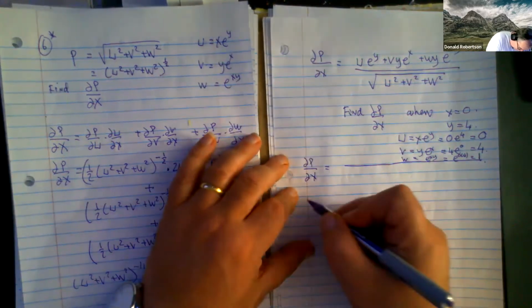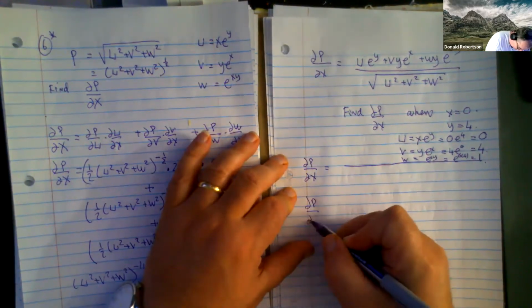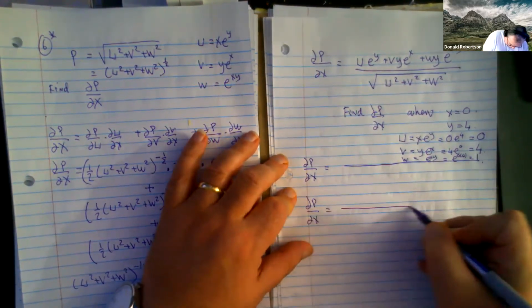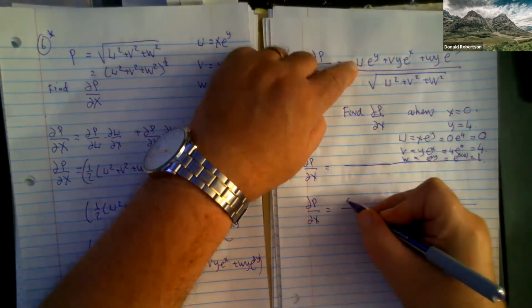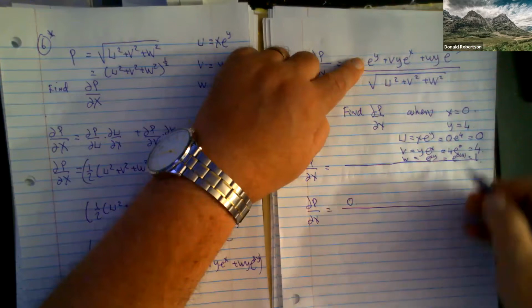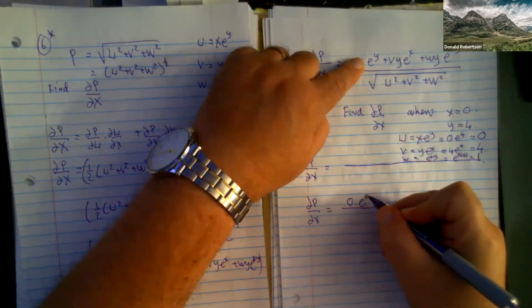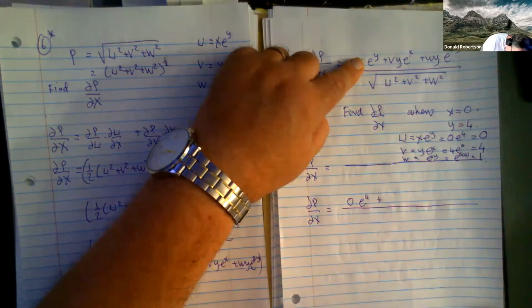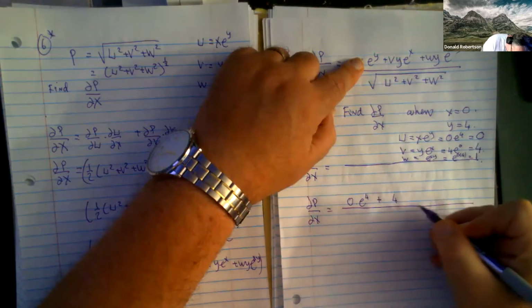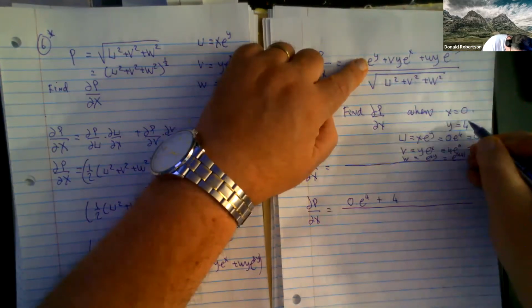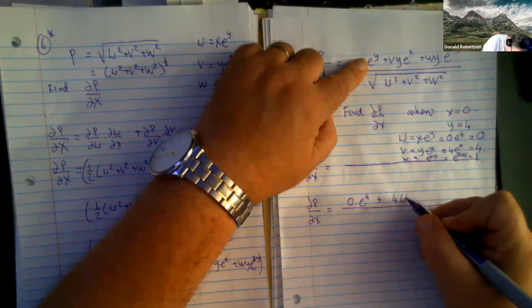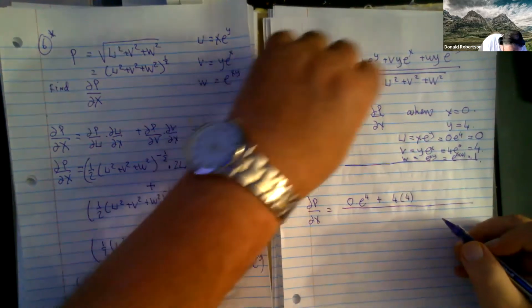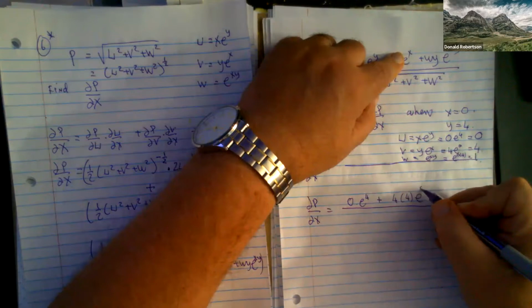So watch this space in case I put somebody in the wrong place. U is 0. E to the y becomes e to the 4. Plus v is 4. Y is 4. And e to the x is e to the 0.